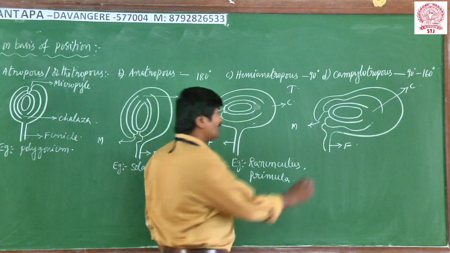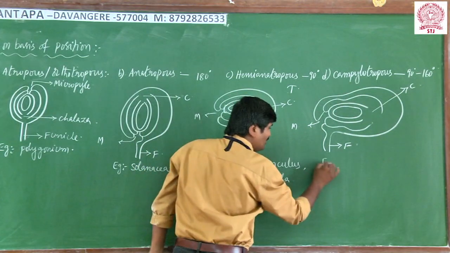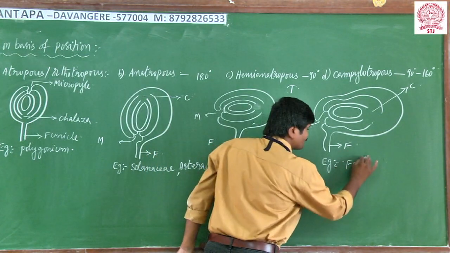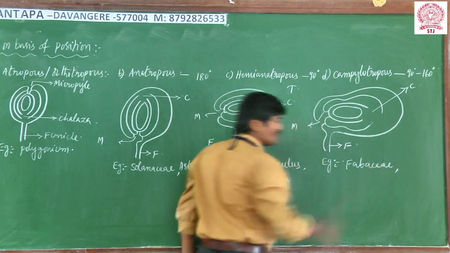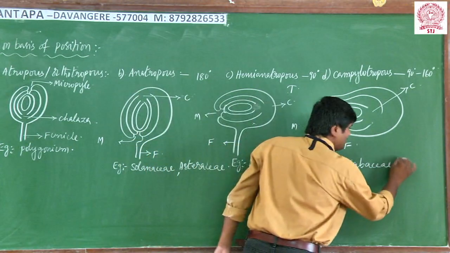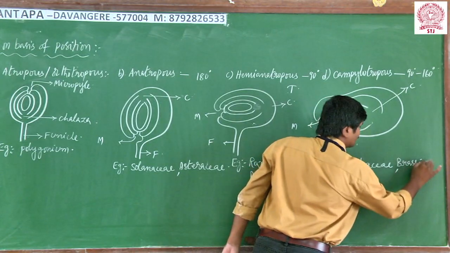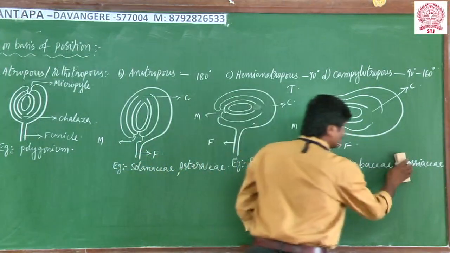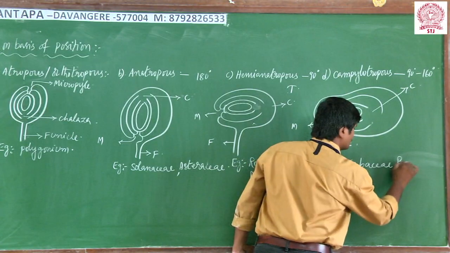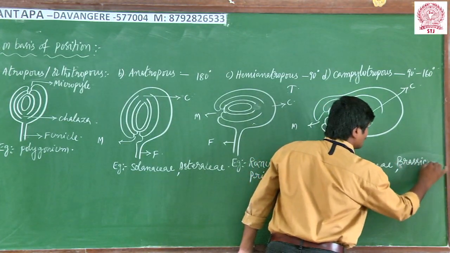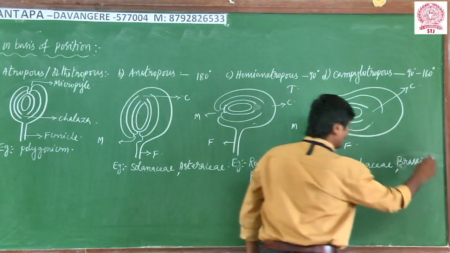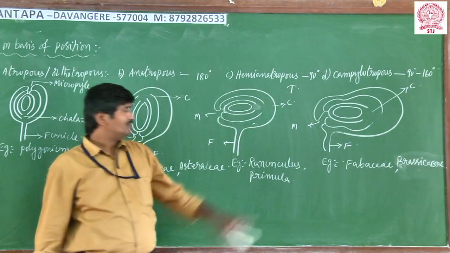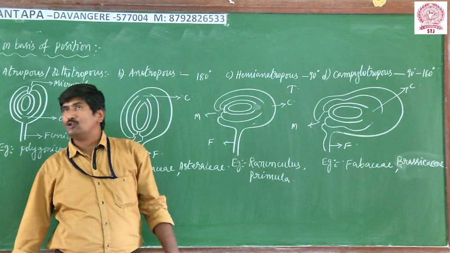Examples for campylotropous ovule: Fabaceae family and Brassicaceae family. This is the campylotropous ovule.